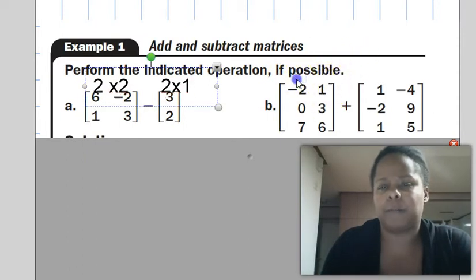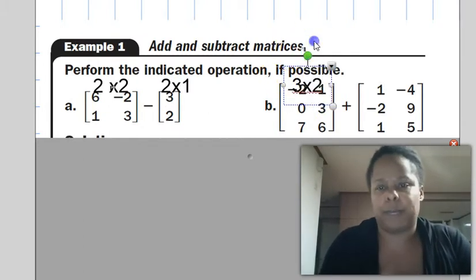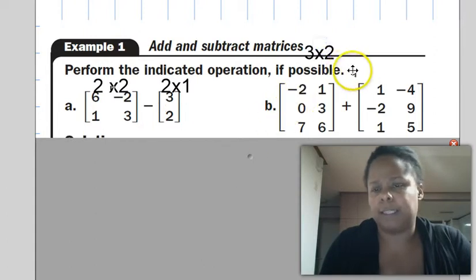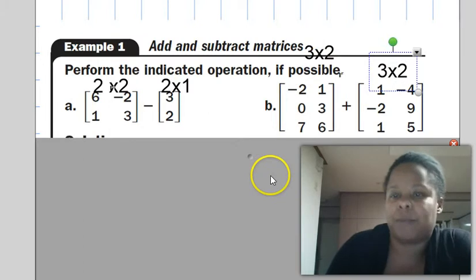If we look over here, this matrix has 3 rows and 2 columns, so it's a 3 by 2. Whereas this matrix also has 3 rows and 2 columns, so that's another 3 by 2. So that means we can do the matrix operation.